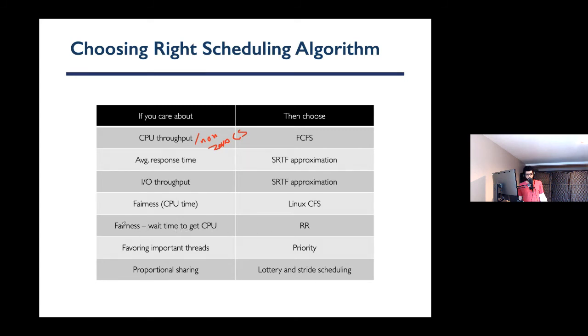If you care about fairness in terms of wait time to get CPU, then round robin is your go-to. If you want to favor important threads all the time and you don't care about starvation, then strict priority is what you want to do. If you care about proportional sharing, then you have three options: lottery scheduling, stride scheduling, and max-min fairness.